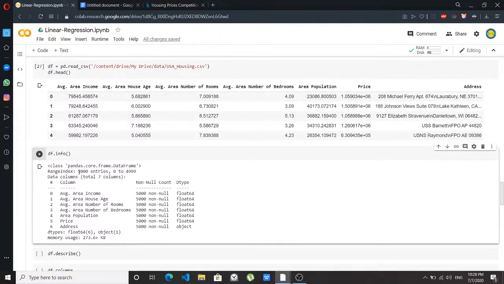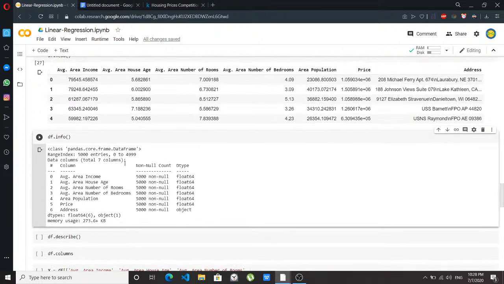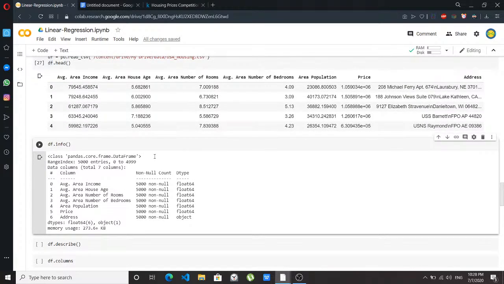As you can see, there are 5000 entries here, from 0 to 4999, as the numbering starts from 0. There are a total of 7 columns, and the first is average area income. There are 5000 entries. There is no null value here. That is very helpful for us. That means we don't have to clean the data. I have taken a data set that does not need cleaning.